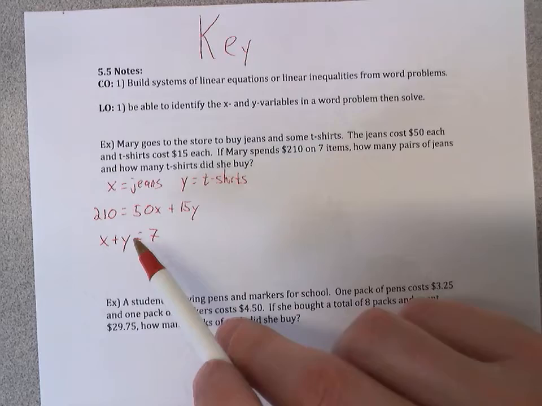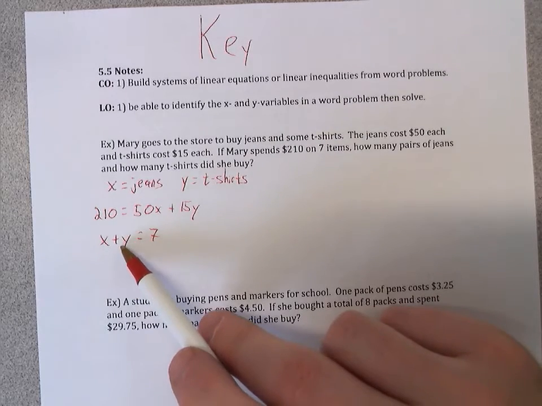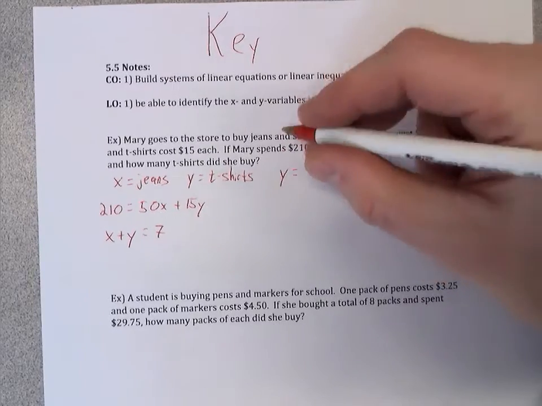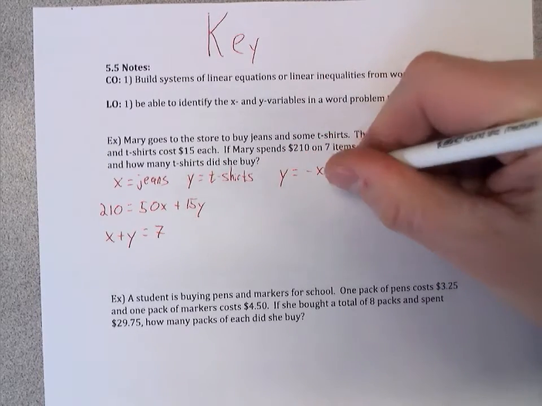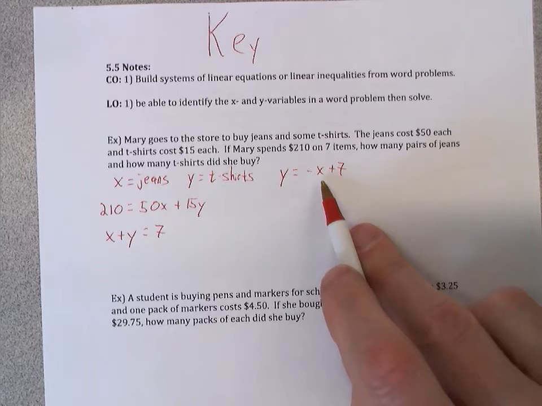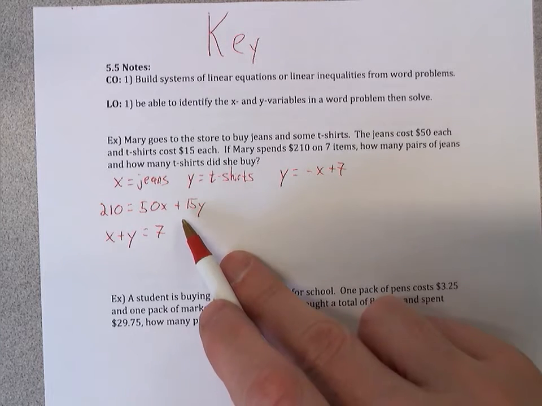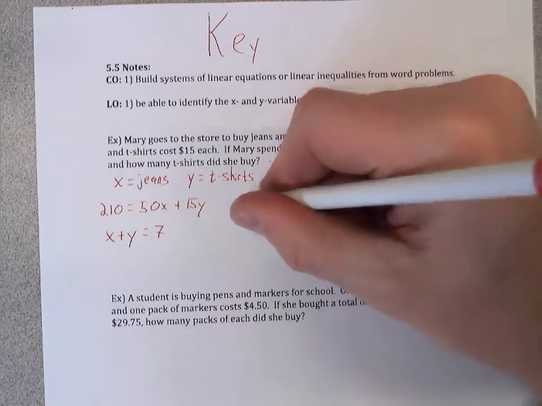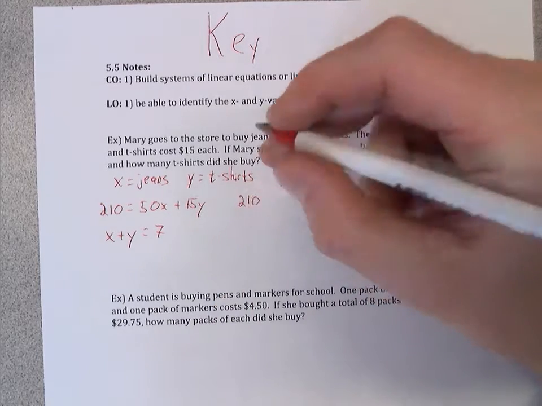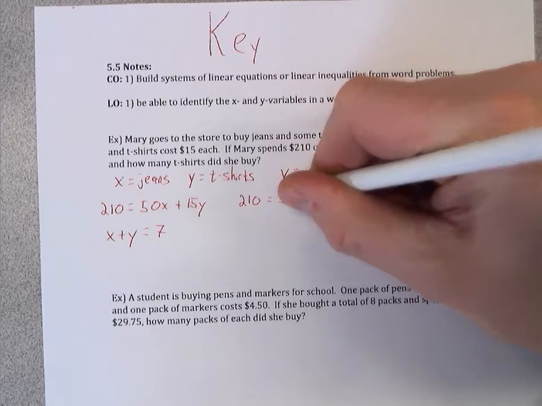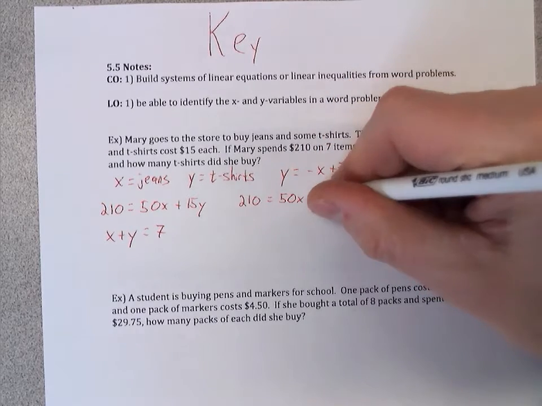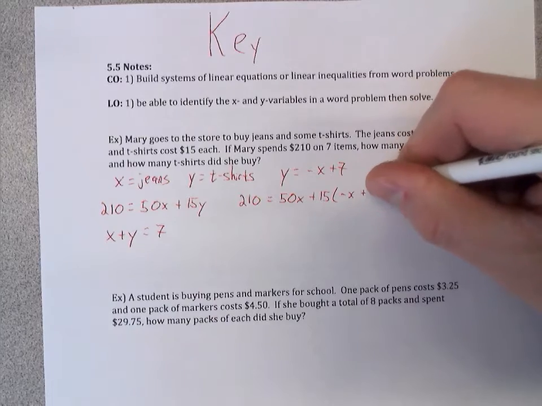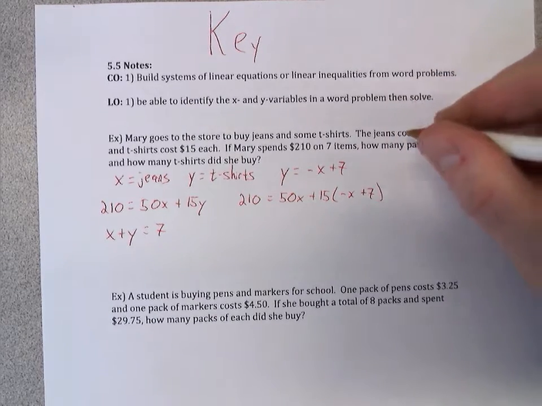So it's pretty simple. We can rearrange this. I'm going to put it in terms of y. So y is going to equal negative x plus 7. Now I can substitute this into this larger equation, for y. So now I've got 210 equals 50x plus 15 times negative x plus 7.